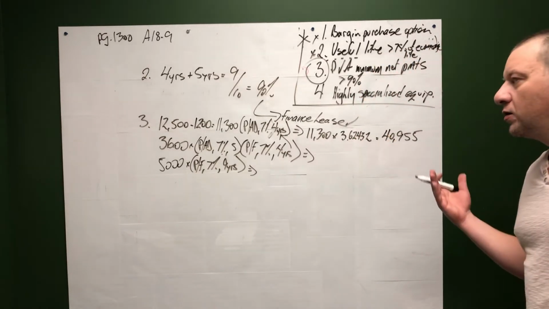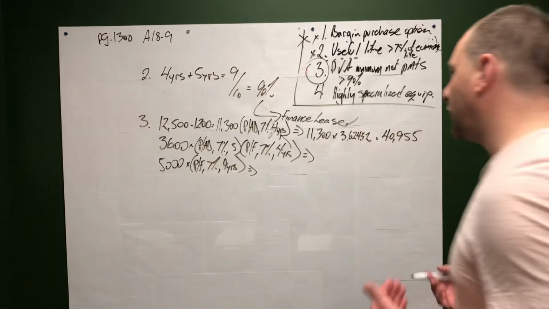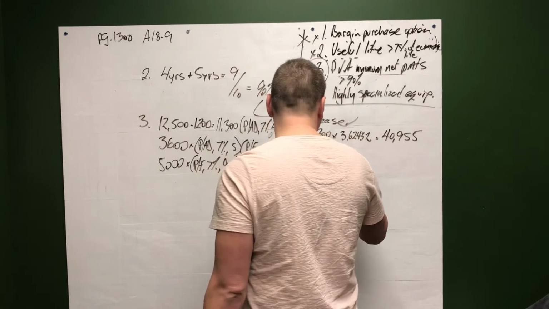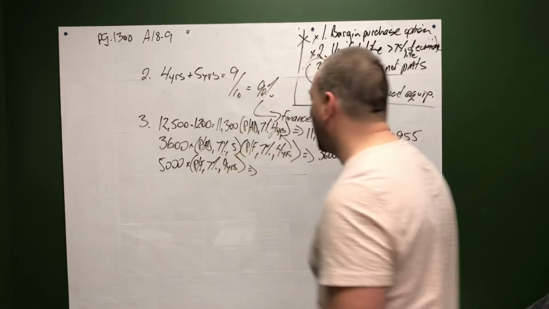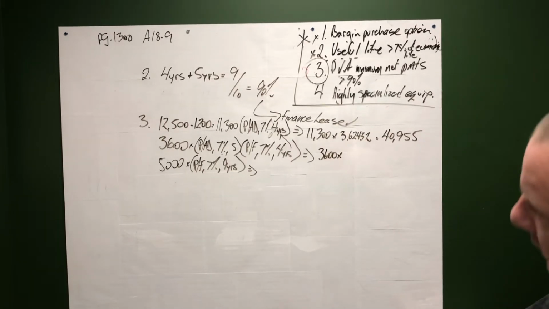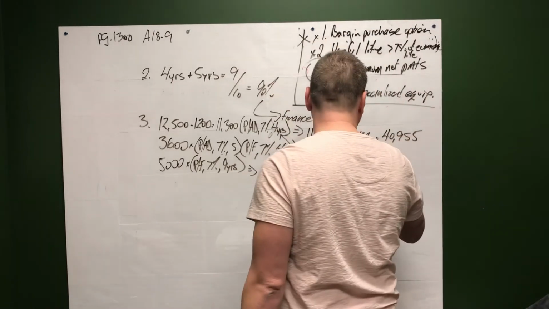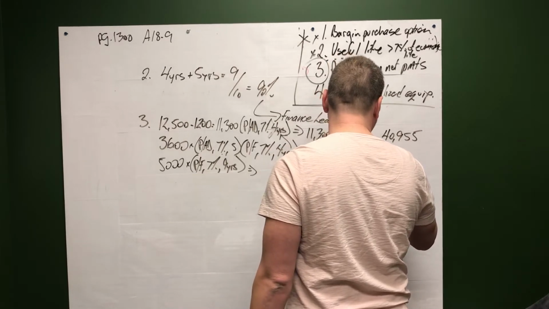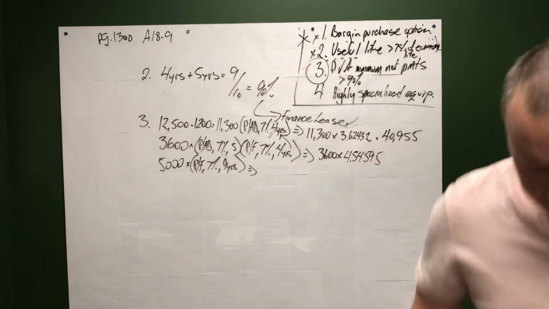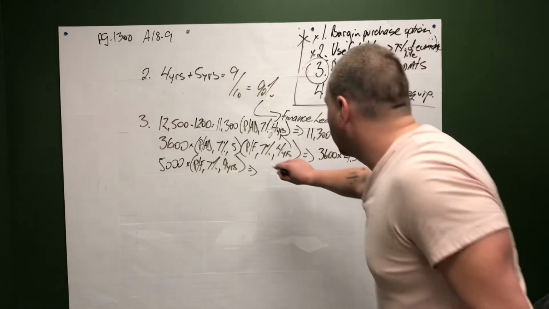What about the lease renewal option? Well, again, now we got to do two different calculations. 3,600 times, well, let's go back to our present value table on page 1679. This time it's 7% at 5 years, 4.54595. Now, don't forget this part.